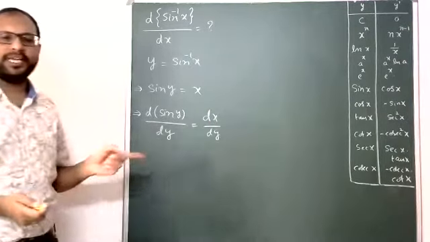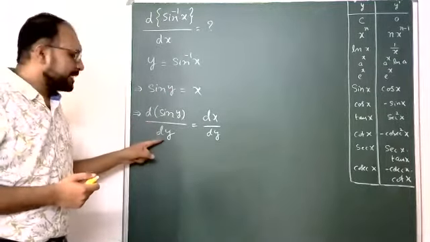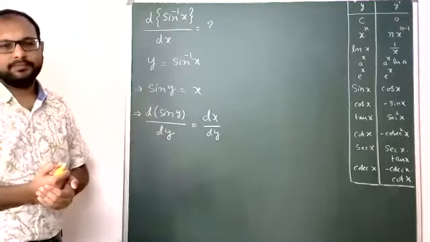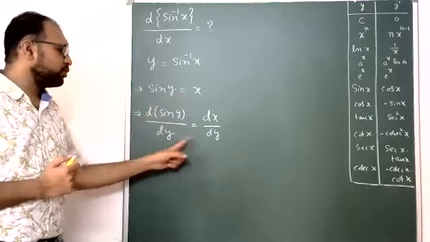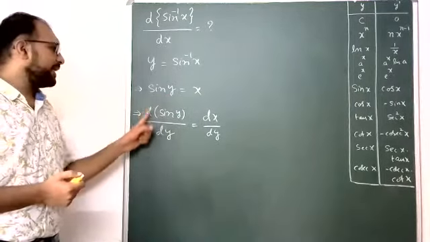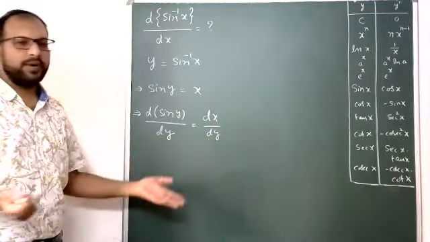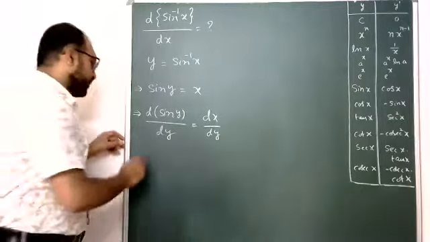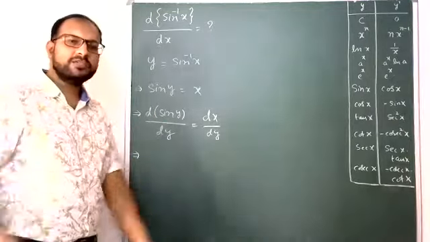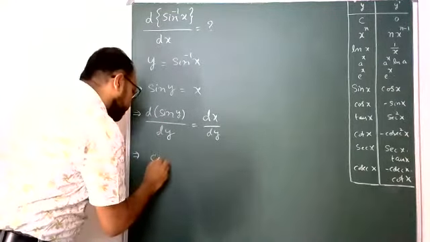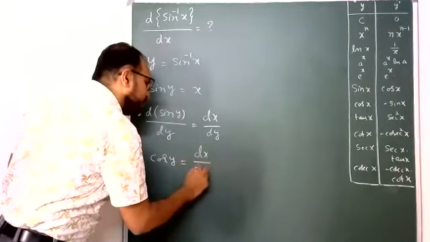What I am doing in this step is differentiating this equation with respect to y, left side and right side. So the derivative of sin y with respect to y, and the derivative of x with respect to y. Students, we know the derivative of sin y with respect to y is cos y. Therefore, cos y equal to dx by dy.